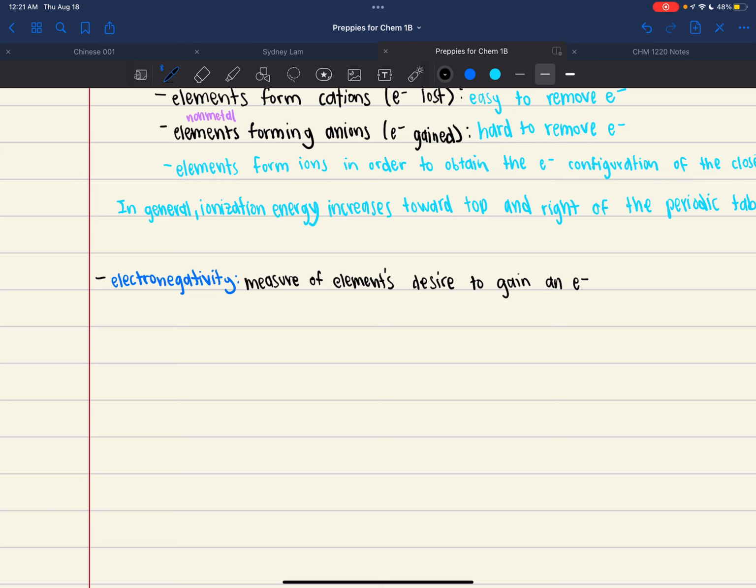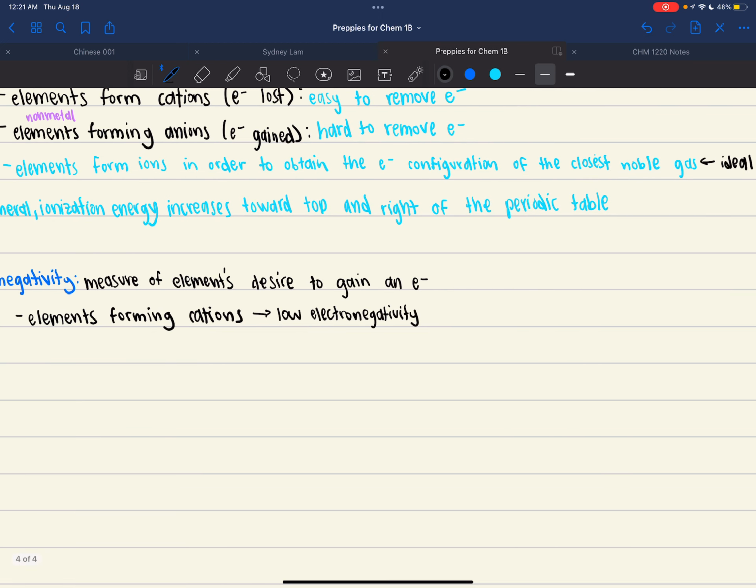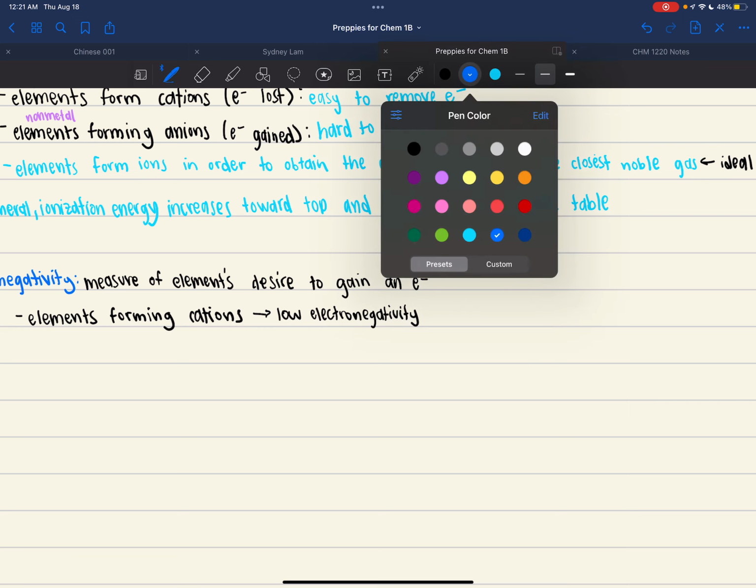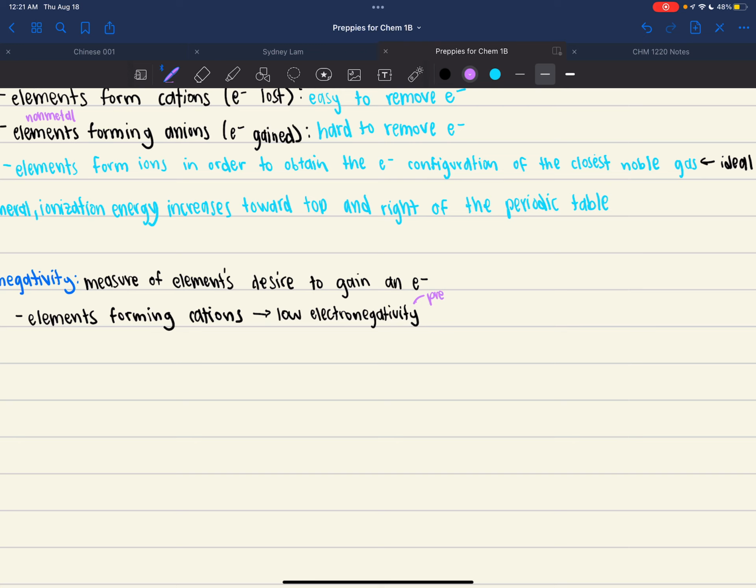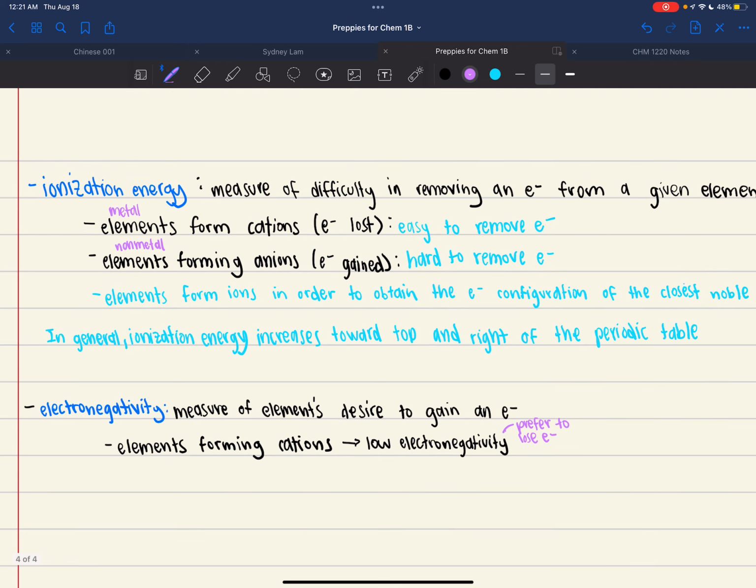So, elements forming cations have a low electronegativity as they prefer to lose electrons, as we know from just earlier.